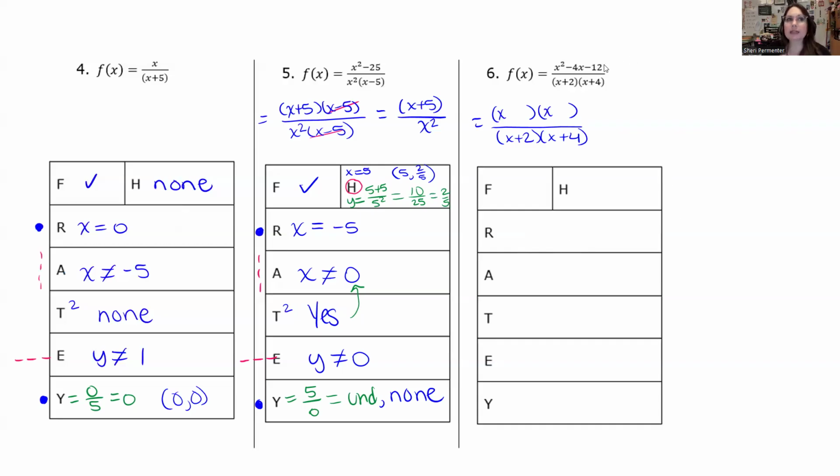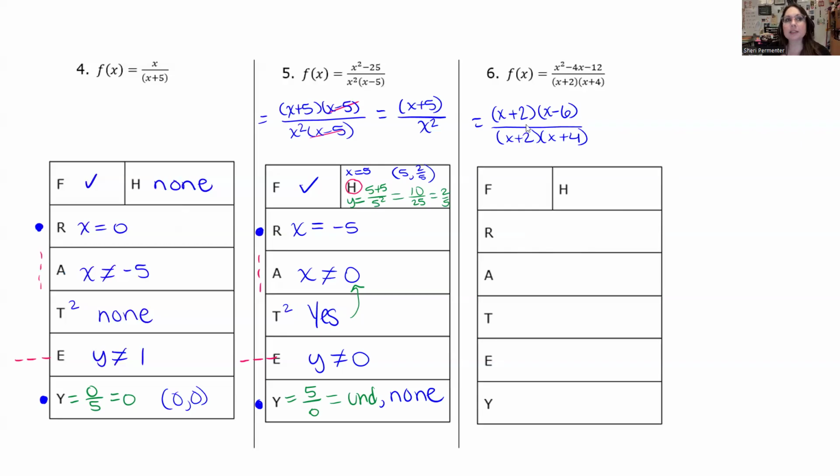Two things can multiply to give me 12 that can add or subtract to make 4. 6 and 2 will work. So I'm going to plug in 2 and 6. My middle term is negative, so my bigger number needs to be negative. If I have negative 6, I would have to add 2 to make negative 4. And positive times negative will multiply to make a negative.